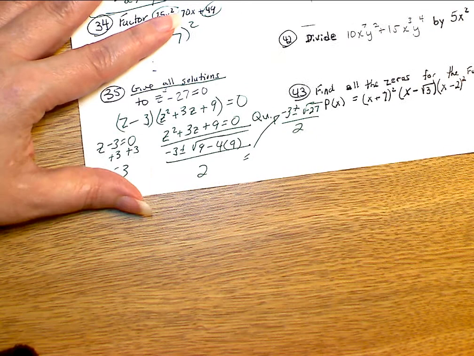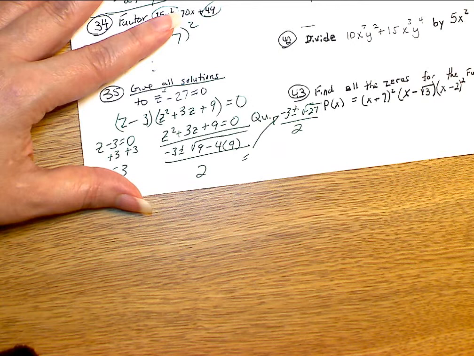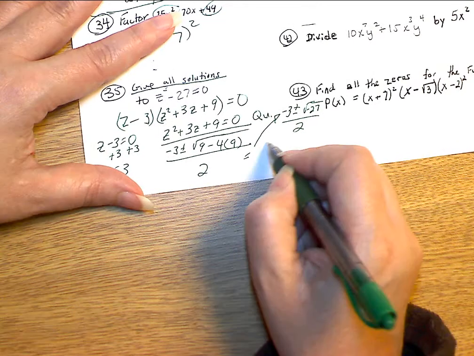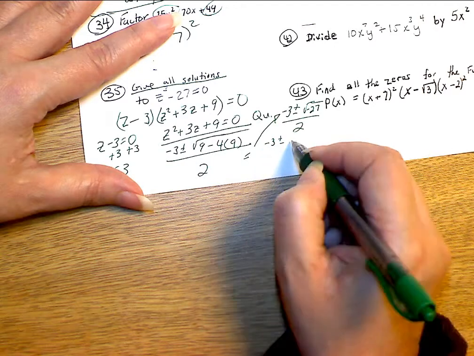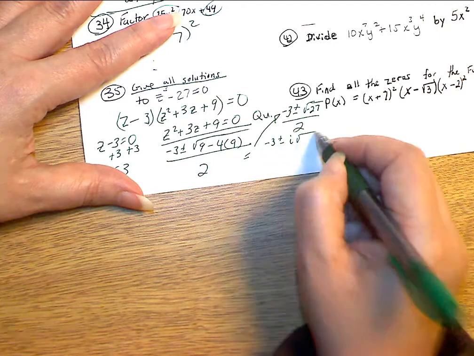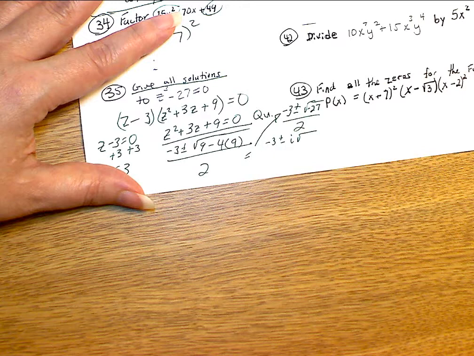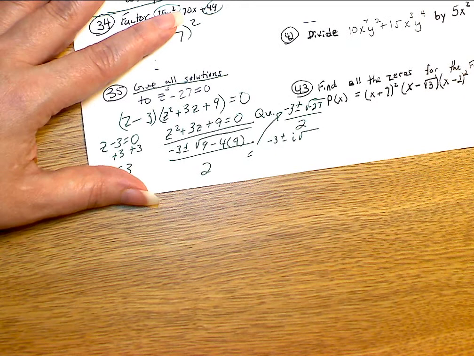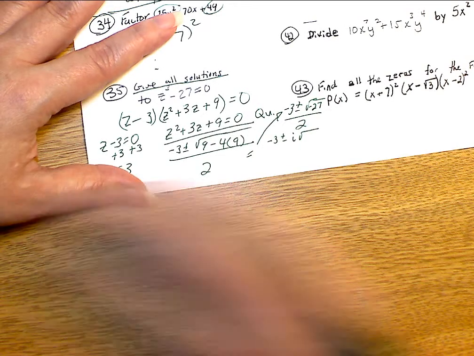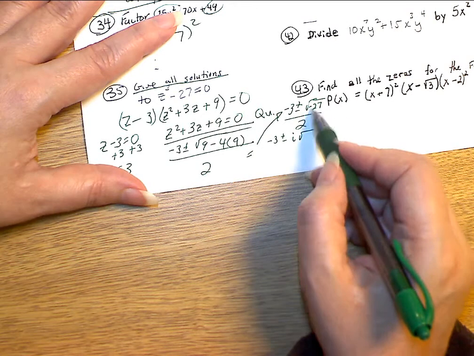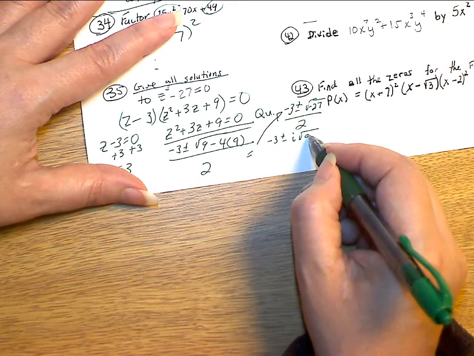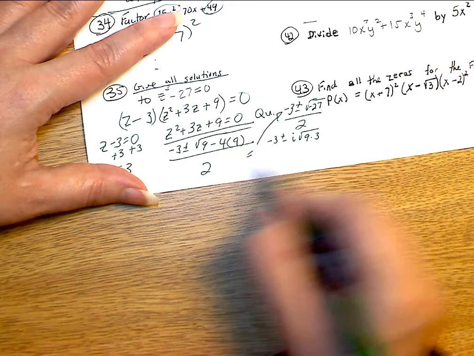Negative 27, anytime you take the square root of a negative, what do we get? I. So I'm going to have negative 3 plus or minus i. And what can I break 27 up to? What's a perfect square? 9 and 3. So you can take the square root of it, and that's all divided by 2.